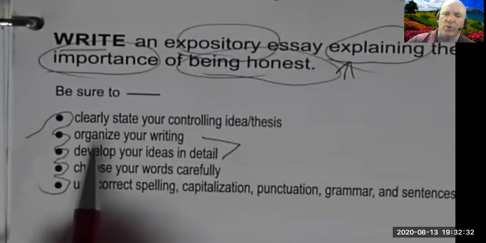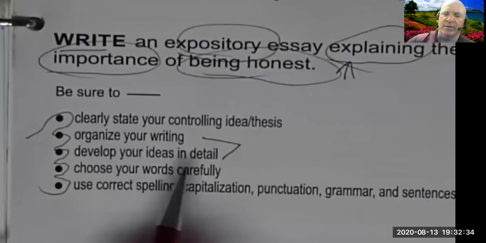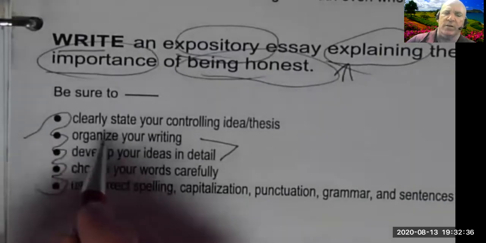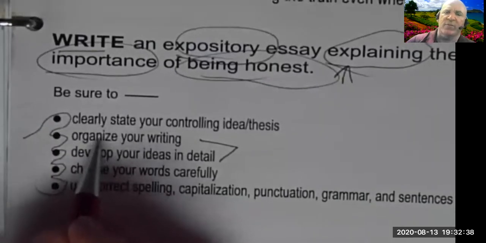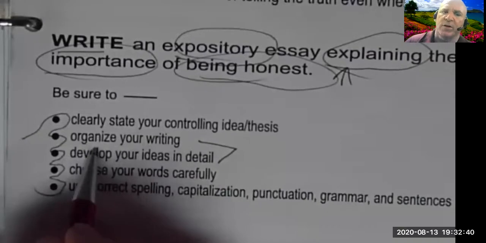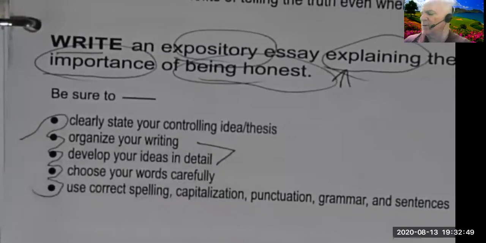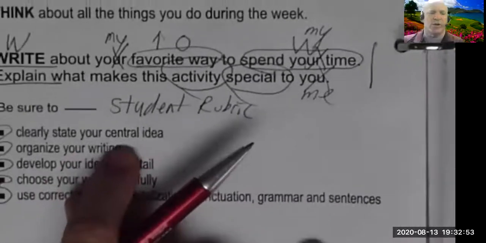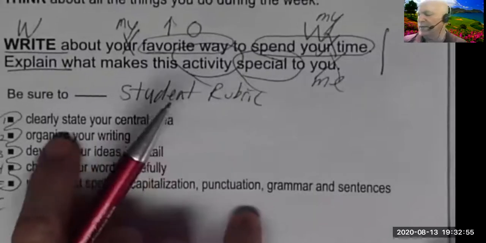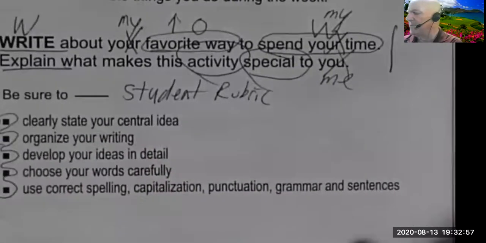Just remember, it'll say organize and develop your ideas in detail. Now, the reason I kept them separate is because before you can develop something, you have to organize it. Before I can get to a 3 by explaining, I've got to be able to get 2 by organizing, like expository. So let's use the word expository to talk about this first bullet. It says clearly state your central idea.